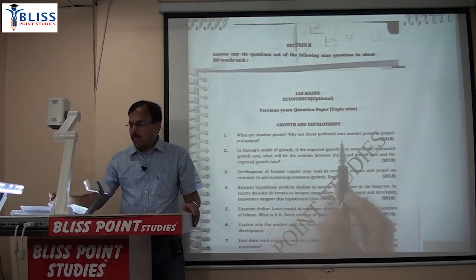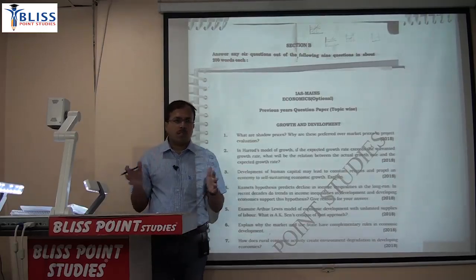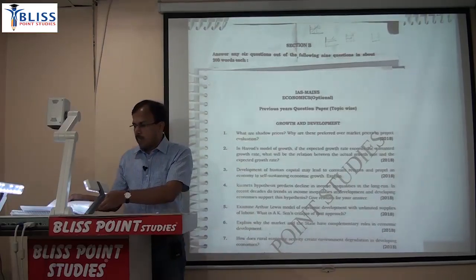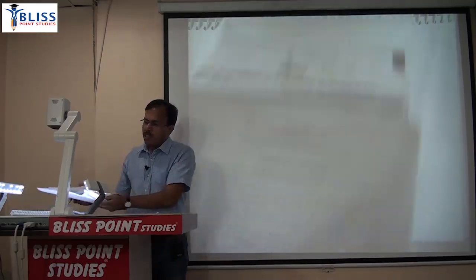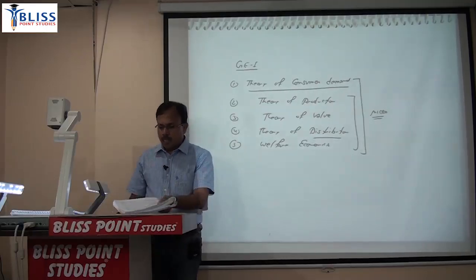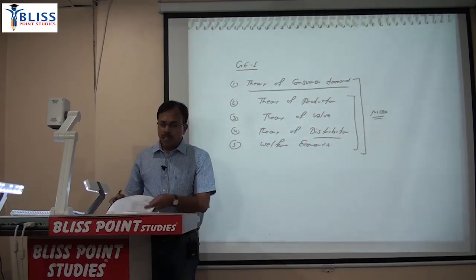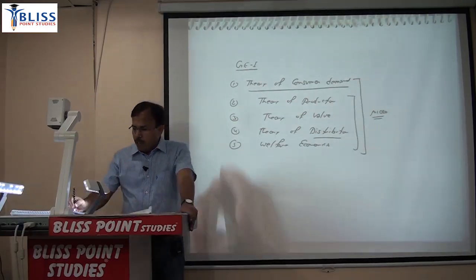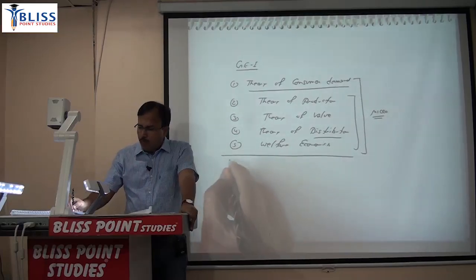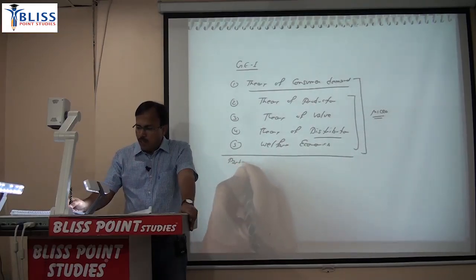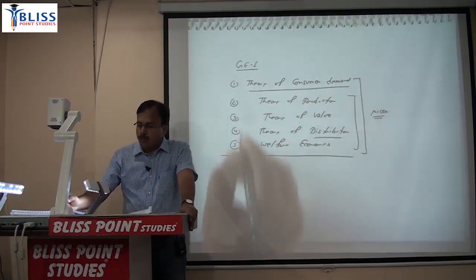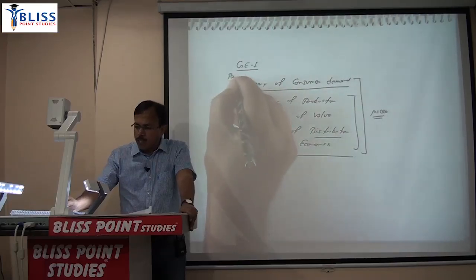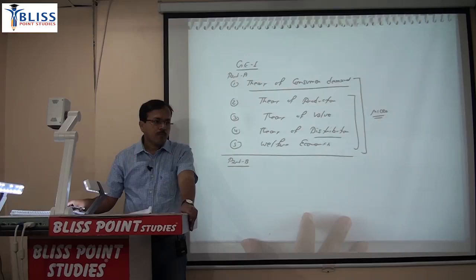So remember, many things will be common. As far as syllabus is concerned, 80 to 85% things will be common, and the differentiating factor will be basically this part B, which I am writing in paper 1. This all first part will be your part A. So the question paper is divided into 2 different sections.